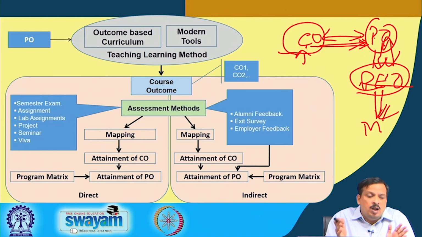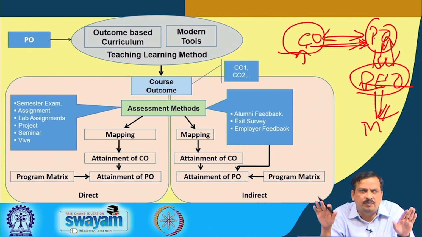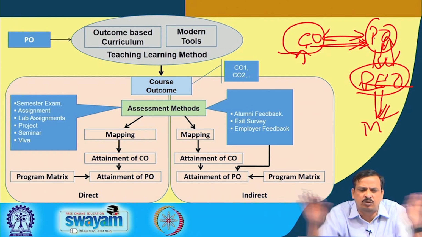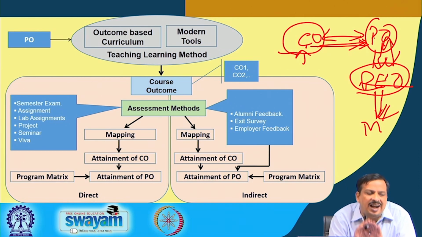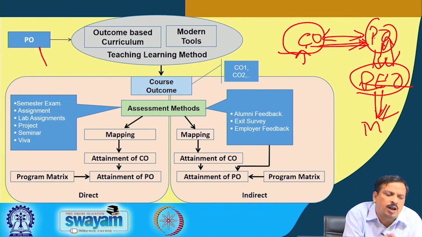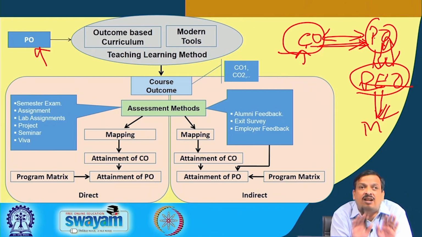So, what is our target? We have designed the outcome based curricula which is already available to the students. We have used modern tools and teaching learning methods to attain these 12 POs, which are the graduate attributes. This process is already done.